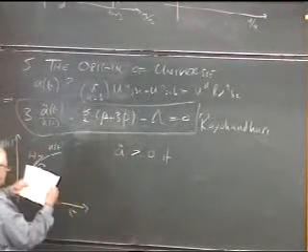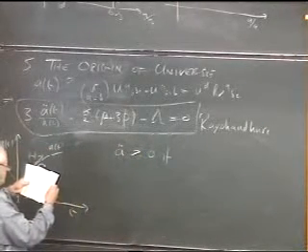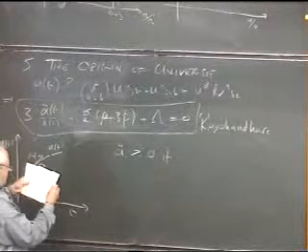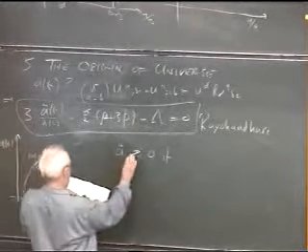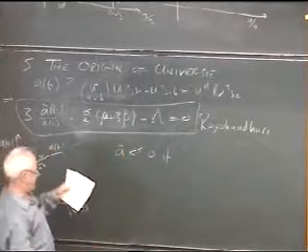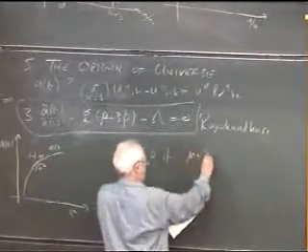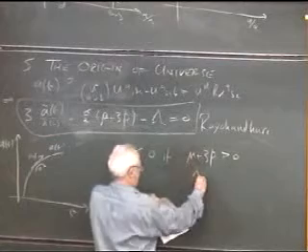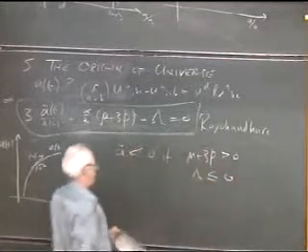Now, hang on, I must get the signs correct here. a double dot is less than naught if mu plus 3p is positive and if lambda is less than or equal to naught.